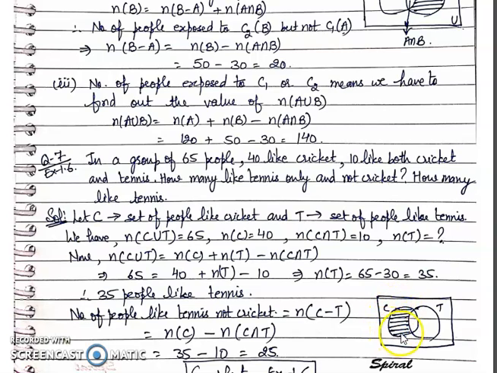From this circle, we subtract the common portion. So we get 35 minus 10 is equal to 25. So 25 people like tennis but not cricket.